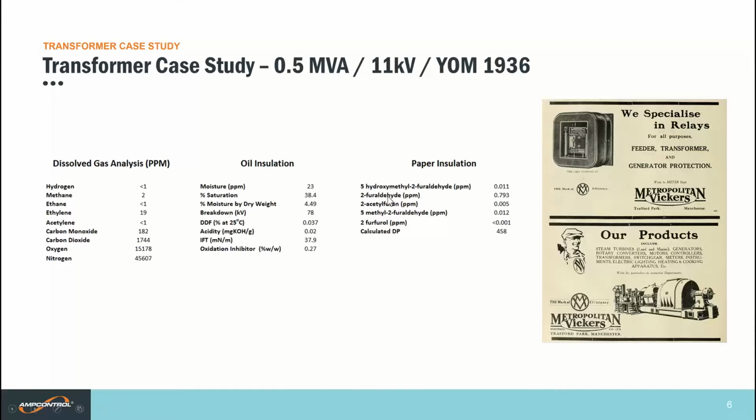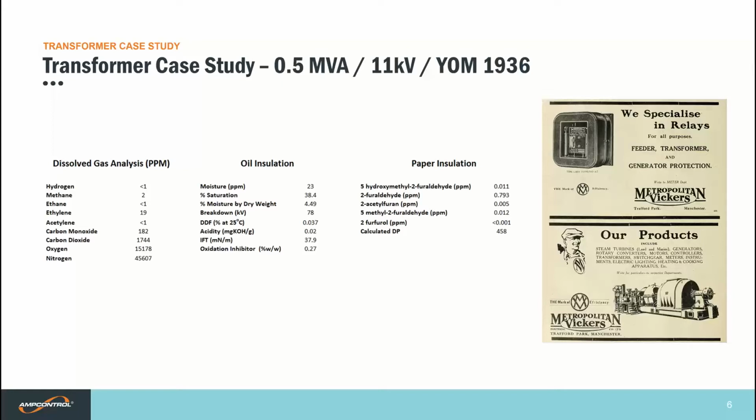The 2-furaldehyde concentrations are high, and we use the concentration of this to calculate degree of polymerization, or DP, via the Chendong equation. And there are other equations available to us that we can use. In 2018, Cigre Working Group D1.53 published Aging of Liquid Impregnated Cellulose for Power Transformers, and in it there's a reference that states above DP of 650, the tensile strength of the paper is expected to be similar to new paper.